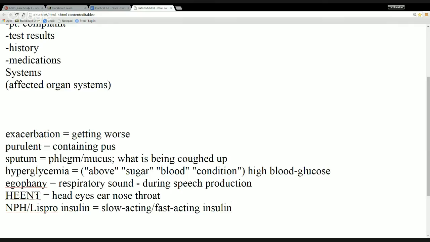And it's not uncommon for hyperglycemia to be regulated that way. So that's essentially what the two are. I don't know what NPH actually stands for, and sometimes in class I say that and somebody looks it up on their phone, but it's not terribly important what it actually does stand for. It's just the idea that it's two versions of the insulin drug, one that's taken once a day, one that's taken before every meal, essentially. What else?